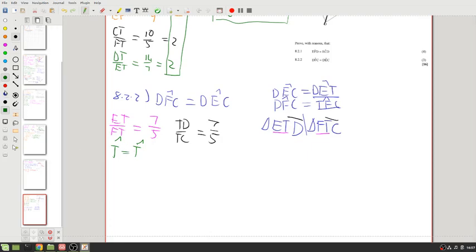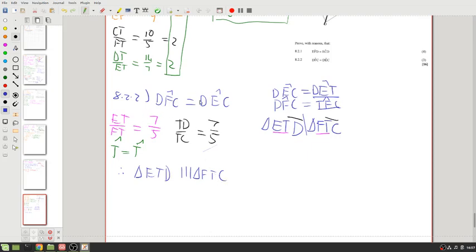Okay, so now we can say therefore the triangle ETD is similar to FTC. And once we have similar triangles, we know these angles are the same. Angle E equals angle F, angle T equals angle T, and angle D equals angle C in these triangles.